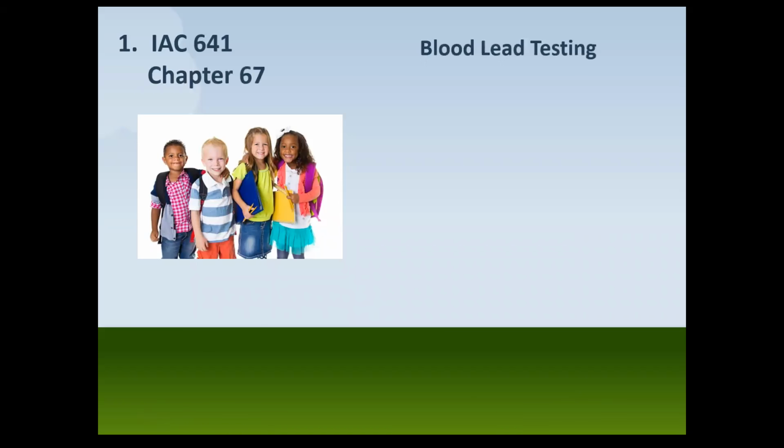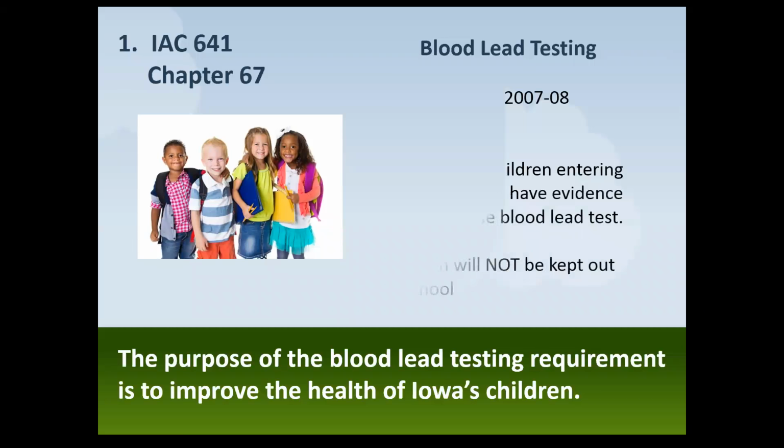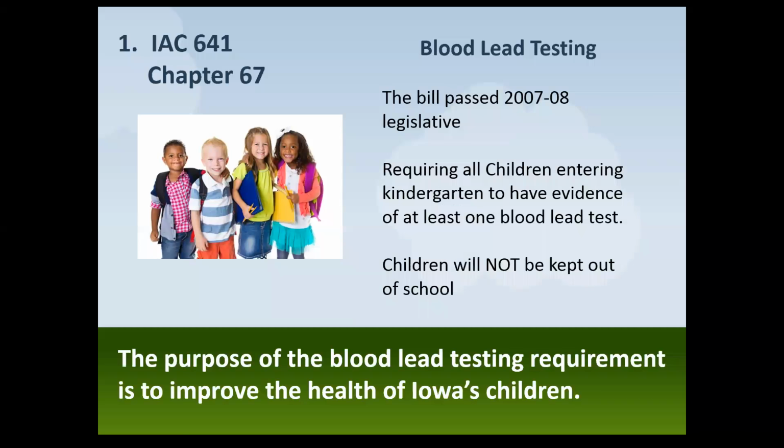Now, what does Chapter 67 have to do with all of this? Chapter 67 is about blood lead testing, and the main goal is to improve the health of Iowa children. This bill passed at the end of 2007-2008 and required that all children entering kindergarten have evidence of at least one blood lead test.